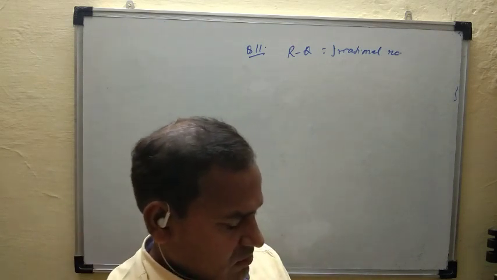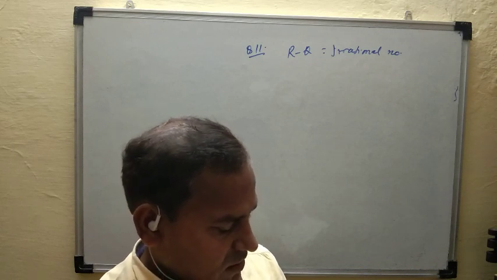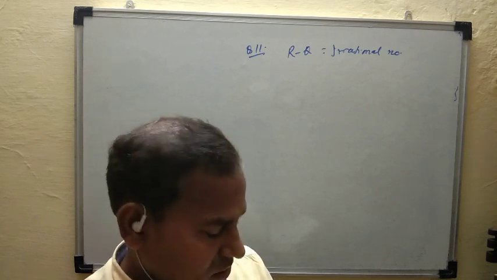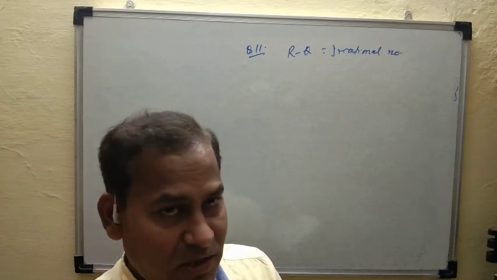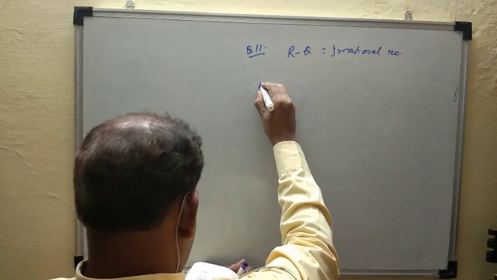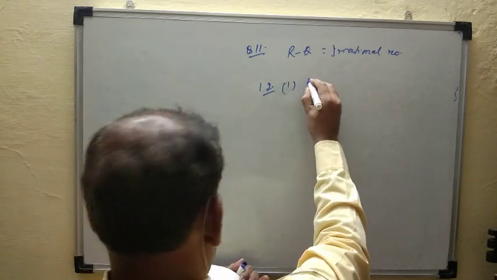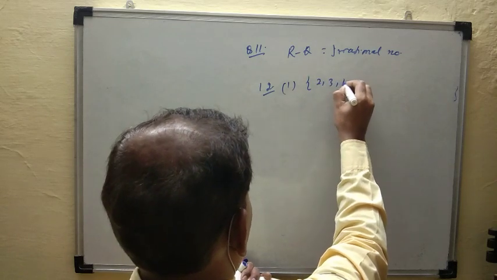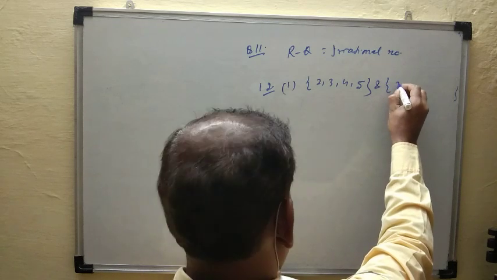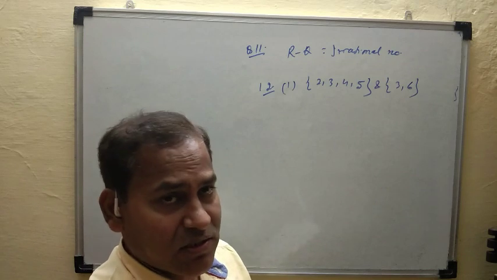And question number 12: state whether each of the following statements is true or false. Justify your answer. First, disjoint sets. So check whether any element is common or not. 3 is a common element, so this is not disjoint. Here the first set given is 2, 3, 4, 5 and the second set given is 3, 6, and check whether both are disjoint.